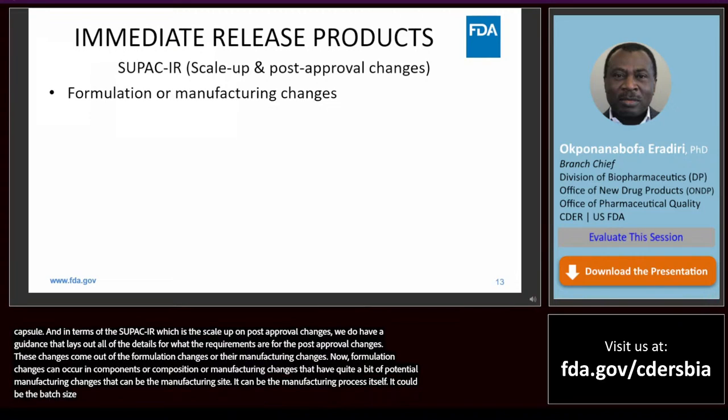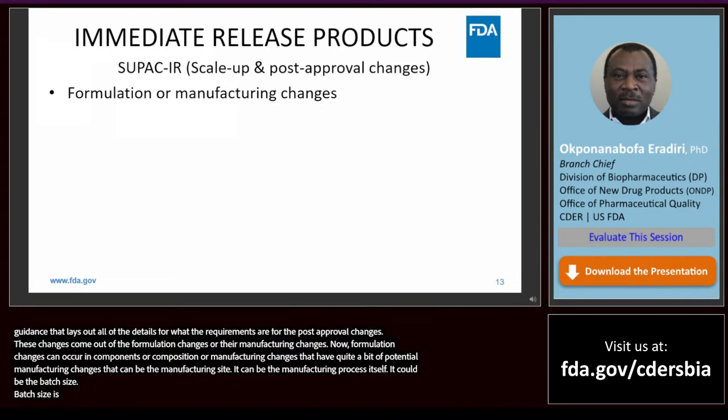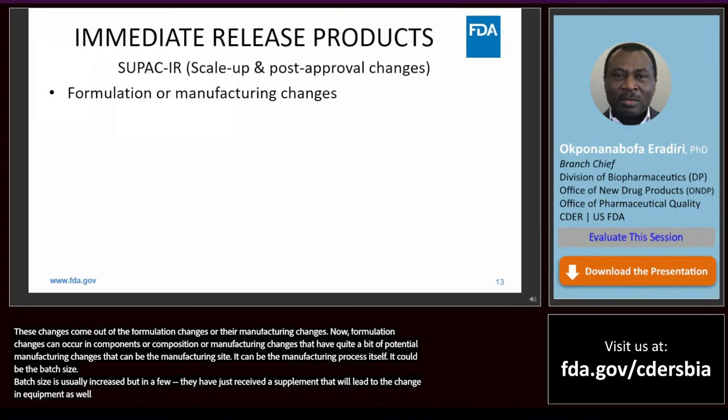Batch sizes usually are increased, but in a few cases, in fact just a few days ago, we have just received a supplement that proposes to reduce the batch size, which will then lead to a change in equipment as well for the smaller batch size.